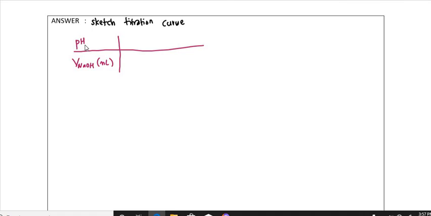Always this is the pH of the analyte. Always this is the volume of titrant. Okay, pH refers to the pH of the analyte. This volume is the volume of titrant.